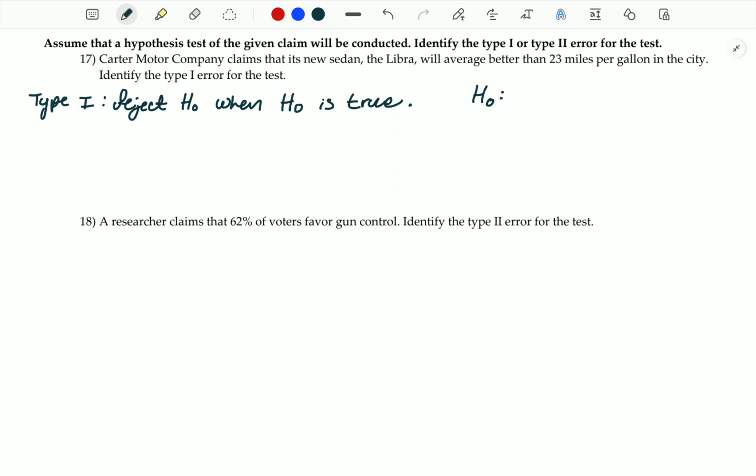Because we're talking about averages in this case, the parameter is going to be mu. Mu equals 23, or 23 miles per gallon. That's good, but we're going to translate this from mathematical symbols into words.